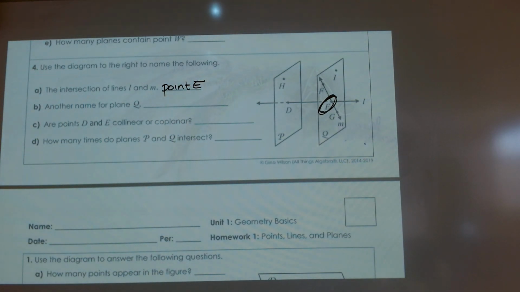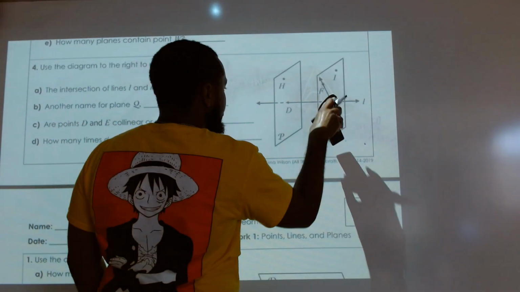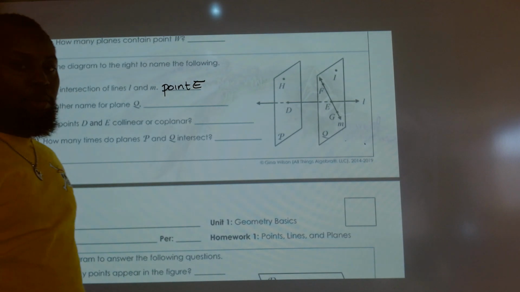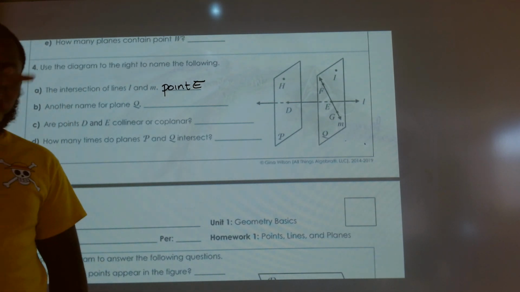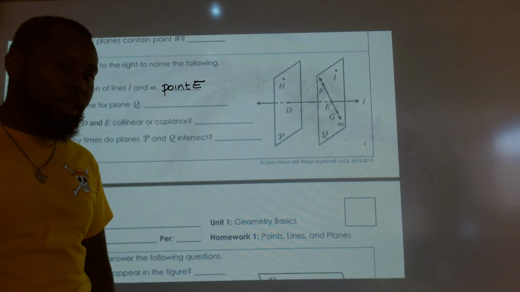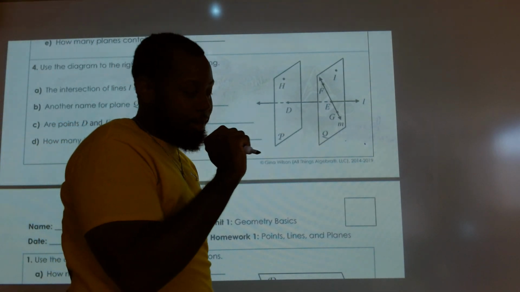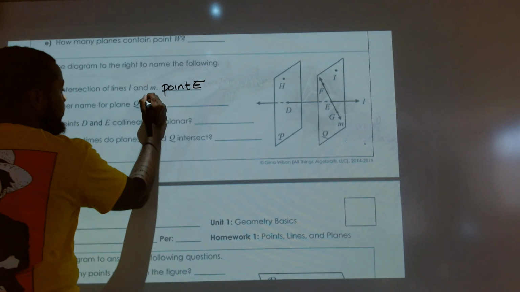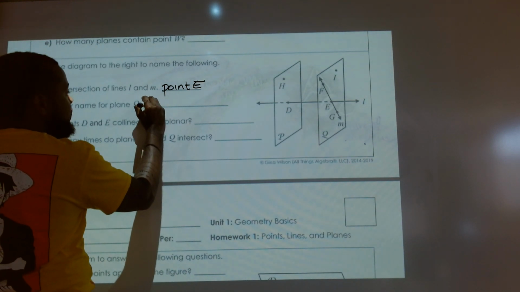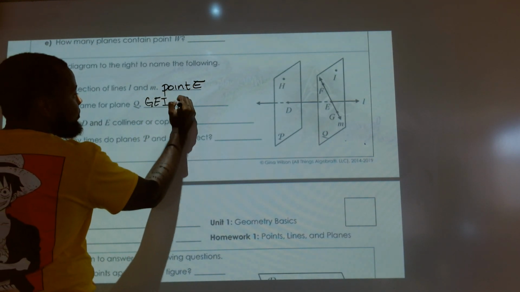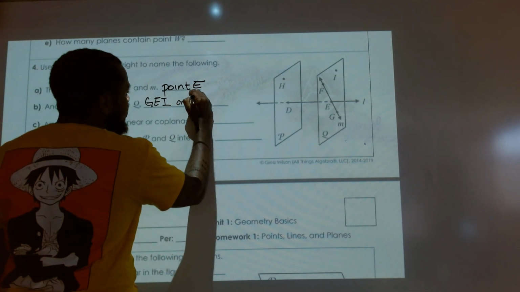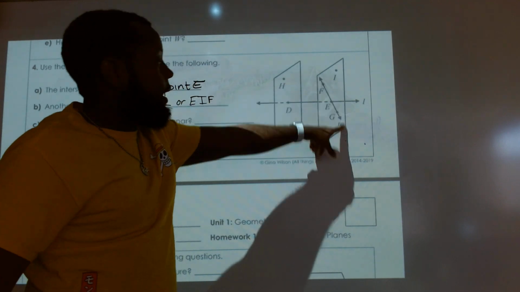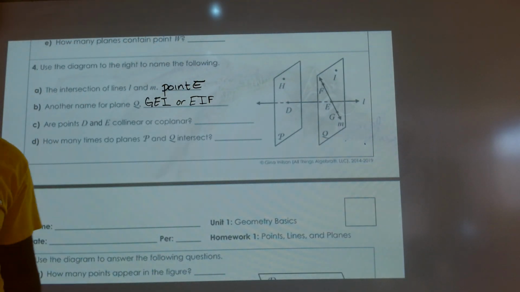It says another name for plane Q. When we name a plane, we're looking at the points. When we name a plane, we need three non-collinear, meaning 3 points that are not on the same line. So we can go with G, E, I, or we could say E, I, F. As long as I is not on that line, you can name it.